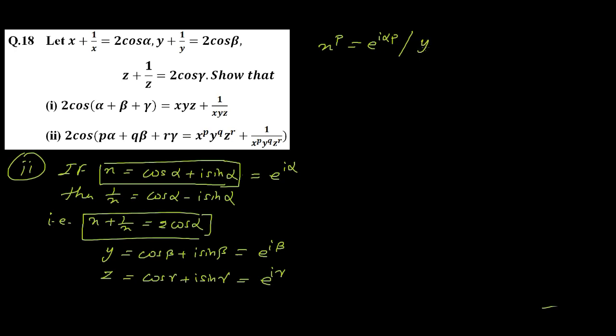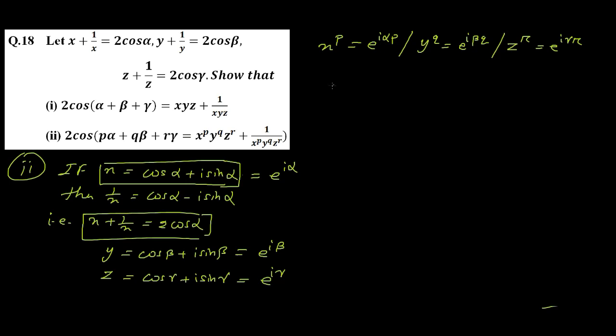Again y to the power q can be written as e to the power iota beta q. z to the power r can be written as e to the power iota gamma r. I have just applied de Moivre's theorem. See students, have you analyzed how important this de Moivre's theorem is? Because everywhere we are using that one.